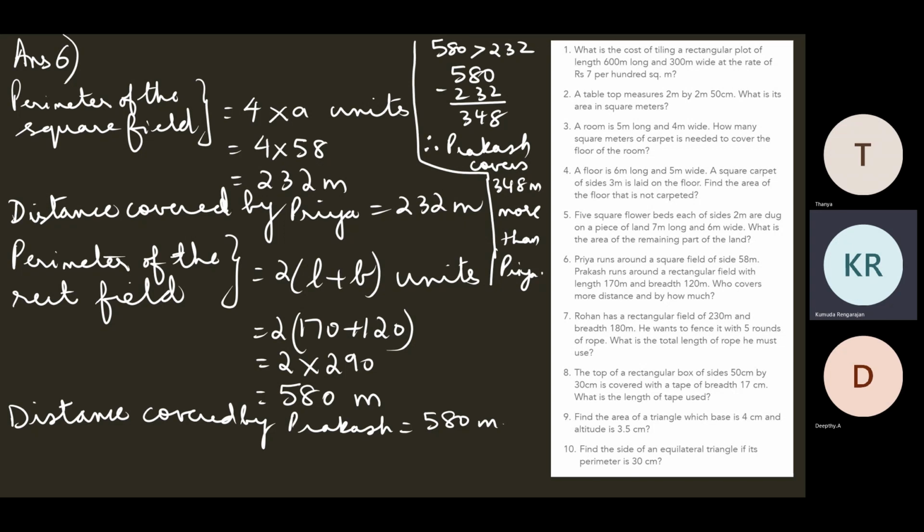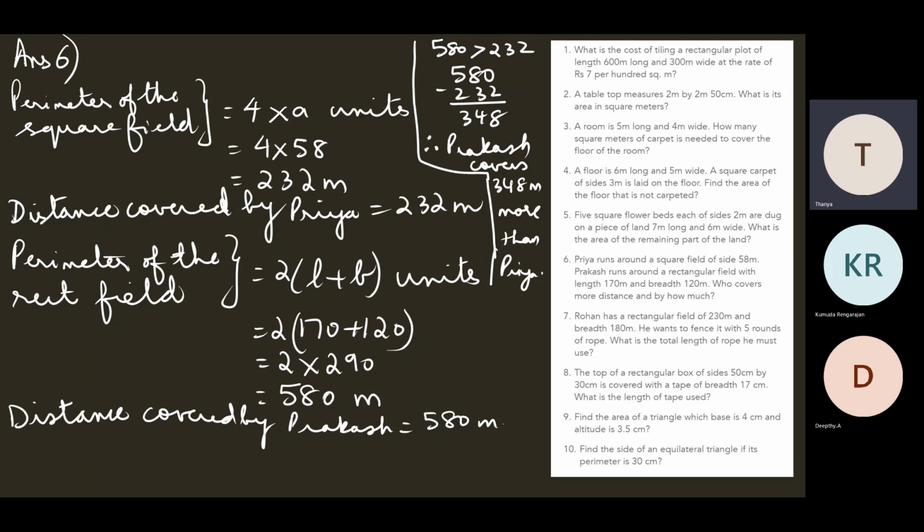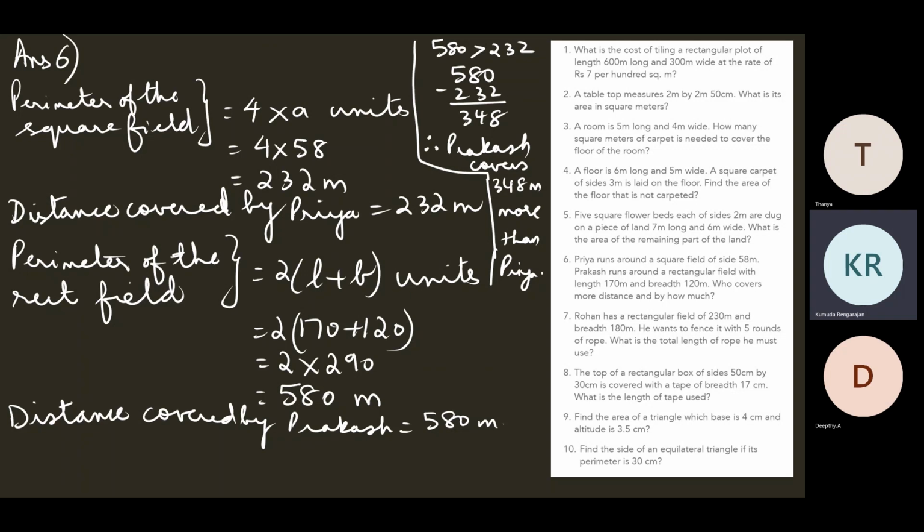So should we find area or perimeter, children? Ma'am, perimeter. When you find the perimeter, it is only for 1 round. He wants to go around it 5 times with the rope.